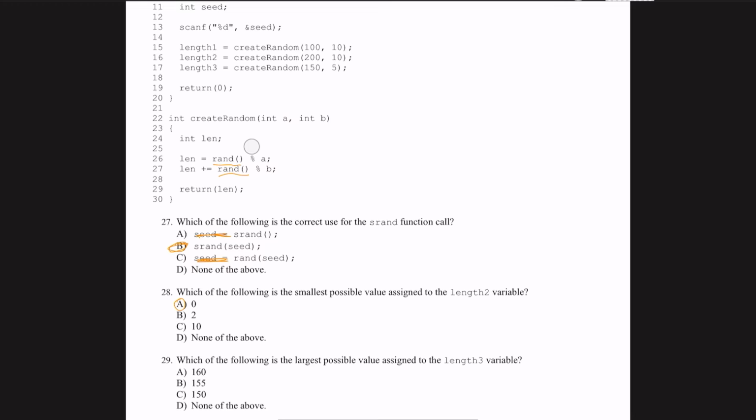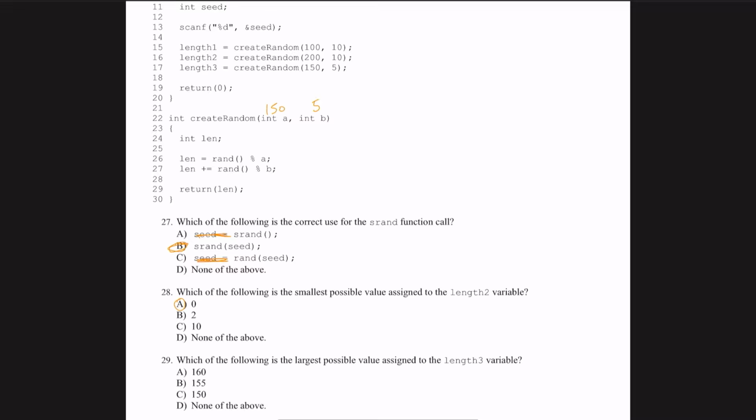Question 29. Which of the following is the largest possible value assigned to the length 3 variable? So A is 150, B is 5. Remember that any number mod something at most can be 1 less than that number.